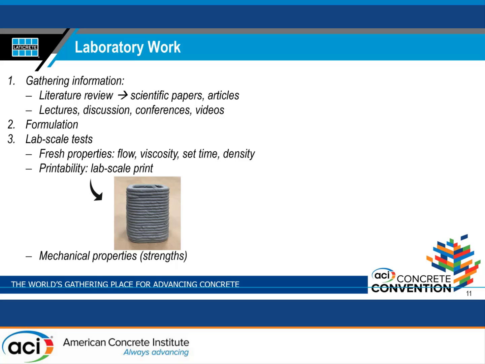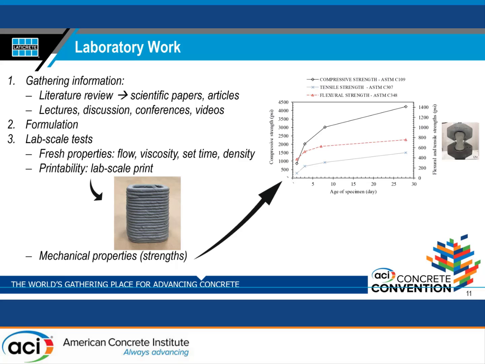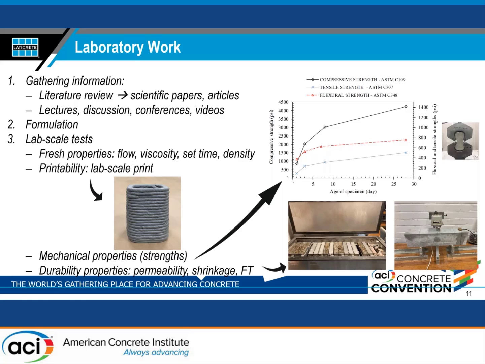Furthermore, we also assess the mechanical properties of our materials, which include compressive, tensile, and flexural strength. For the durability aspect, we conducted the permeability test, rapid chloride permeability, which is ASTM C1202, which indicated that our materials tend to have low permeability, as well as the shrinkage and freeze-thaw tests.